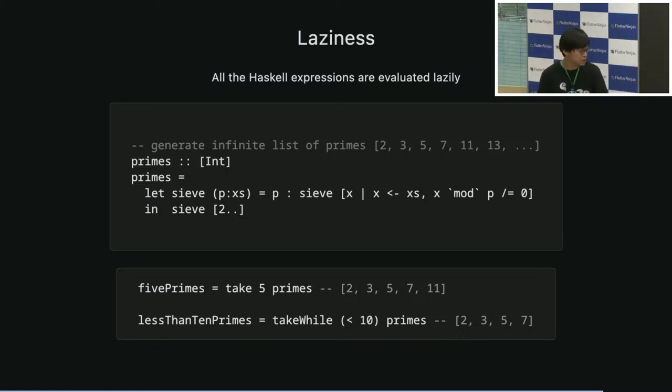It's possible because Haskell doesn't immediately generate the infinite list, so it's up to the user. If we want to take 5 elements from that infinite list, Haskell will generate just 5 elements of the list. So it's lazy.